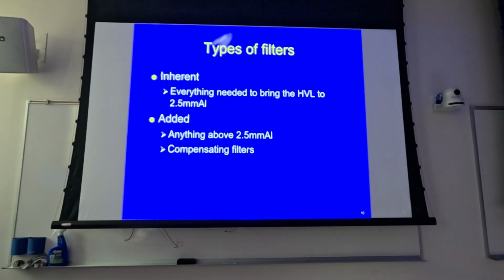Inherent filtration, again, is going to be anything that brings us to 2.5 millimeters of aluminum equivalent. And what that leaves us with is mainly compensating filters, which are, again, going kind of the way of the dodo bird, because our computer algorithms are better at giving us the anatomy that we would have had a hard time seeing without compensating filters before.